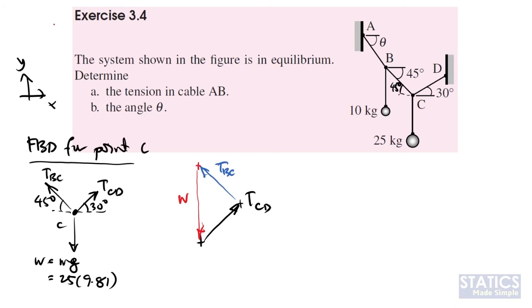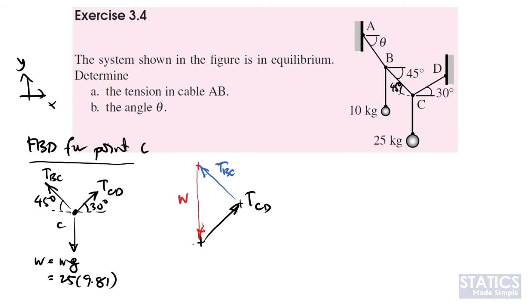If you look at point C here, we have multiple forces acting at point C. At first we have TCD, which will pull C towards this direction, and then TBC will pull point C towards another direction, and then you have weight pulling it downward. Physically, in order for point C to be in equilibrium, or not moving, the sum effect of all these forces will make sure that point C remains at the same position.